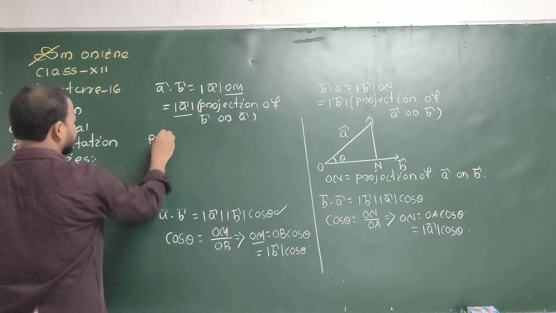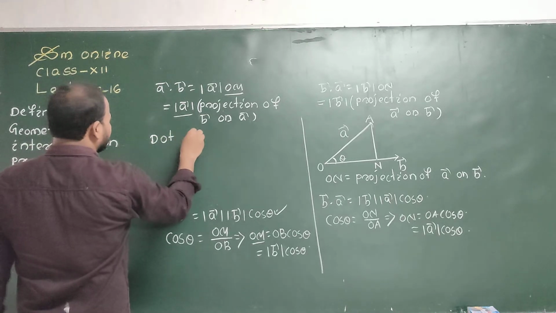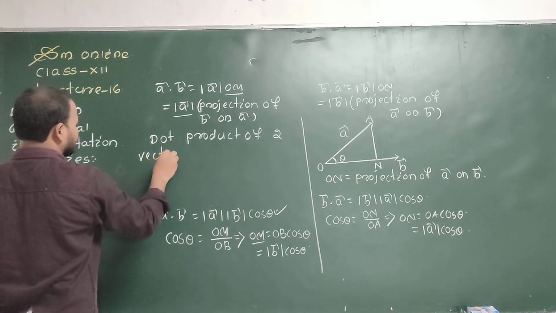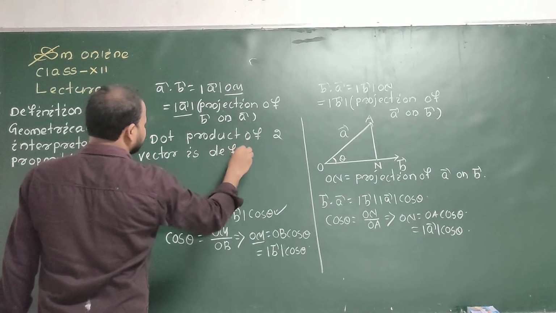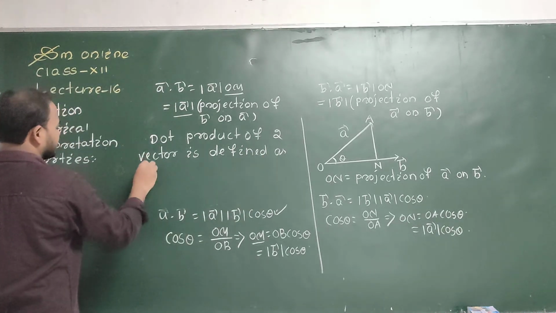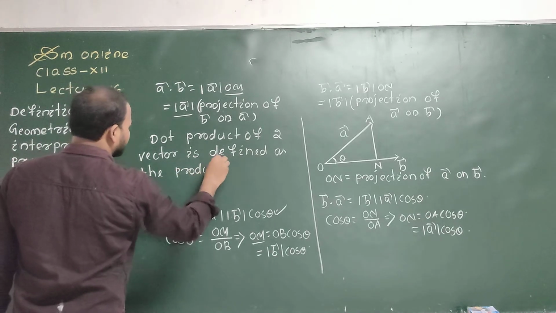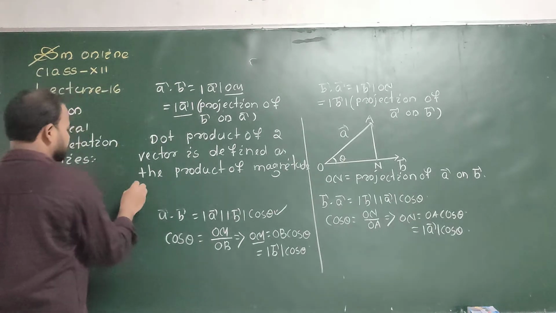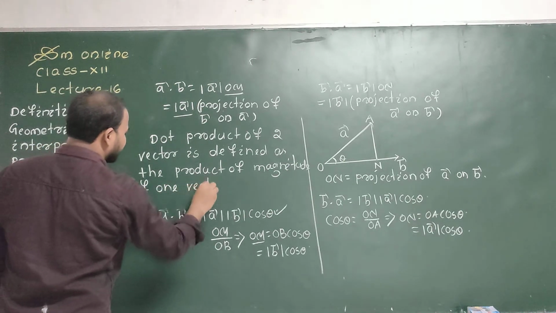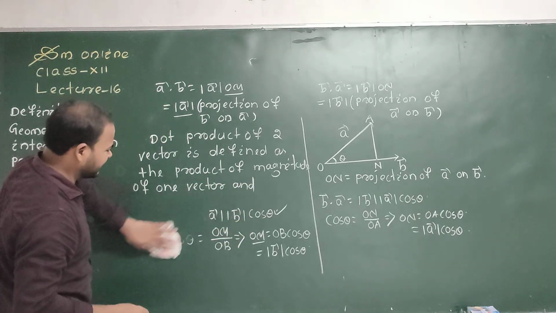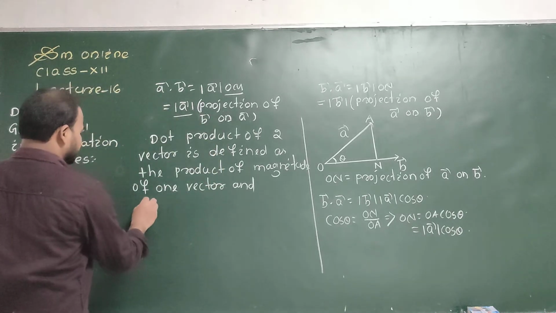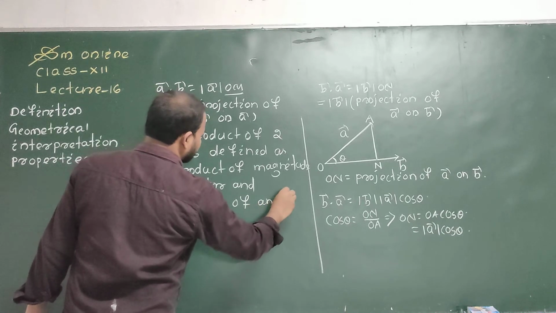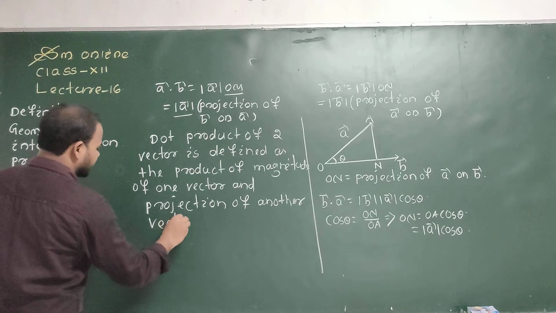Now I write the definition: the dot product of two vectors is defined as the product of the magnitude of one vector and the projection of another vector on it.